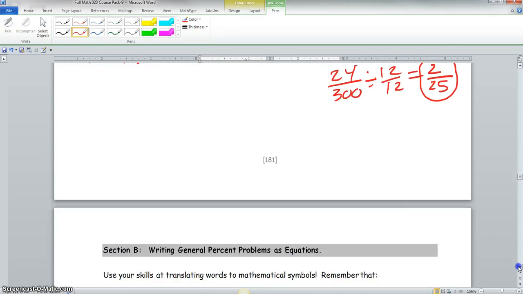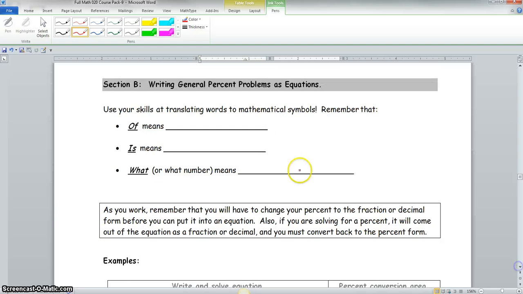Now we scroll down. It says section B, write in general percent problems as equations. Use your skills at translating words to mathematical symbols. Remember that of means multiply. Is means equal.